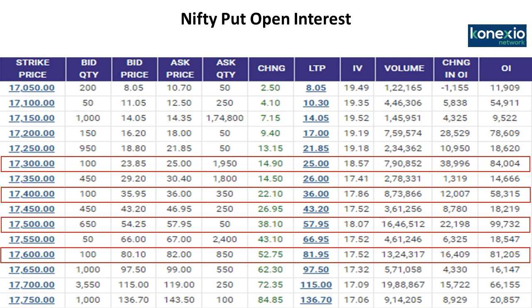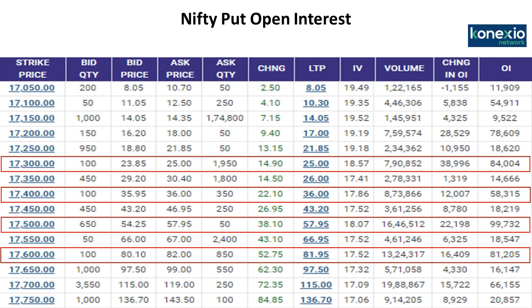I mean to say it is just between 17.52 and 18.57. So this is the data we have been observing on the Nifty put side. Now here you can see that on the sharp sell-off on Friday, the option premium has also increased, which indicates that smart money might have started buying puts.